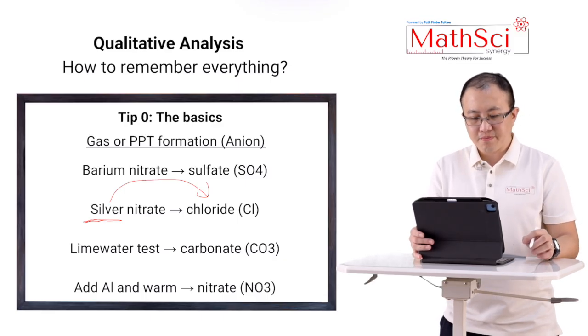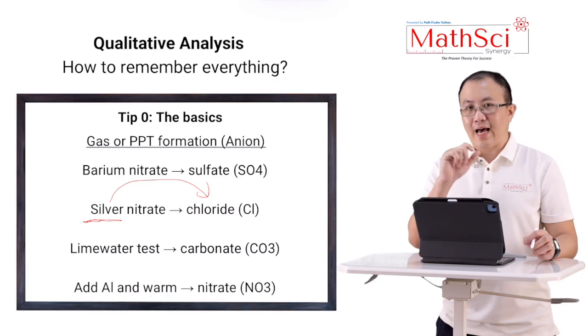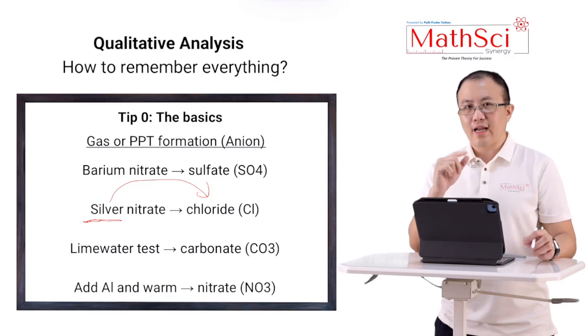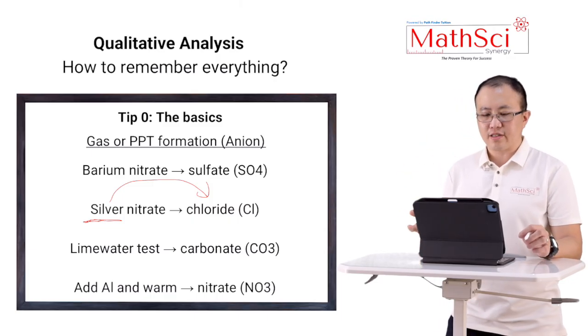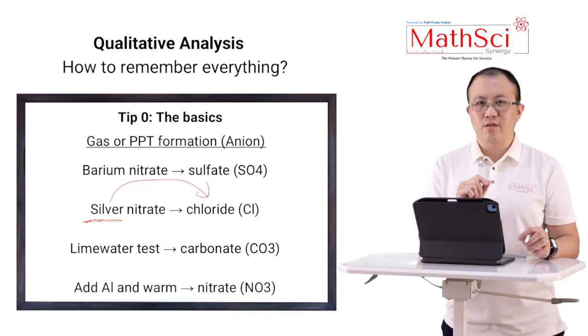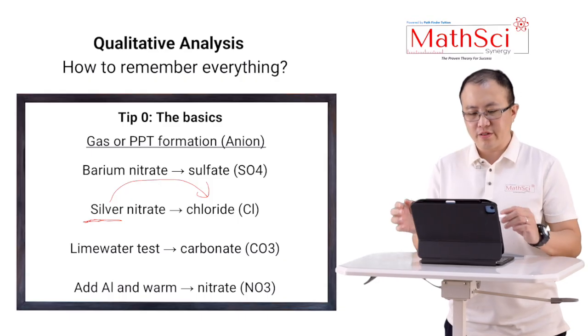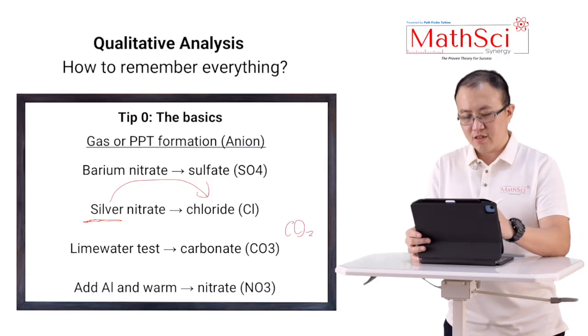And next, if you see in the question they talk about lime water, you recall lime water is a test for carbon dioxide. Which also means that the closest to that is a carbonate ion, because carbonate ion will be able to produce CO2.